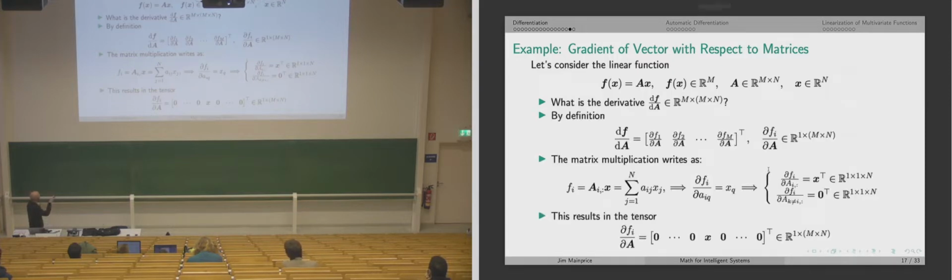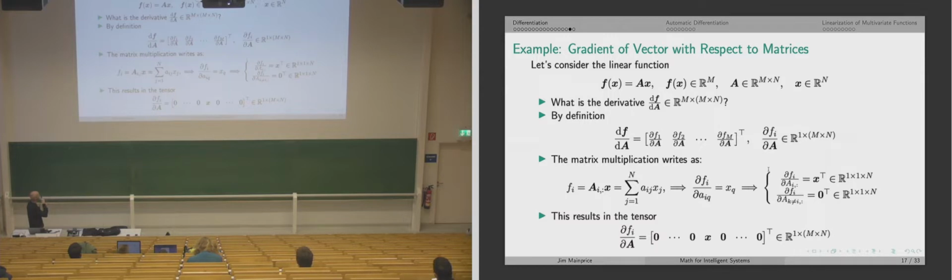By definition, we define the Jacobian in this way, where for each output, we have a first-order derivative with respect to the input.